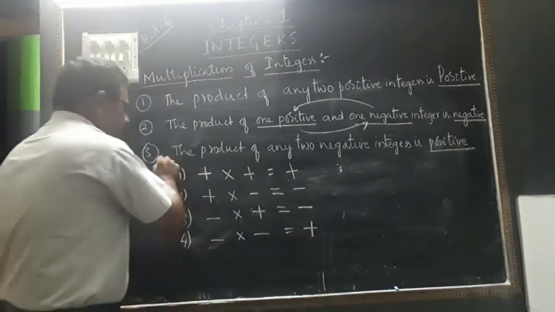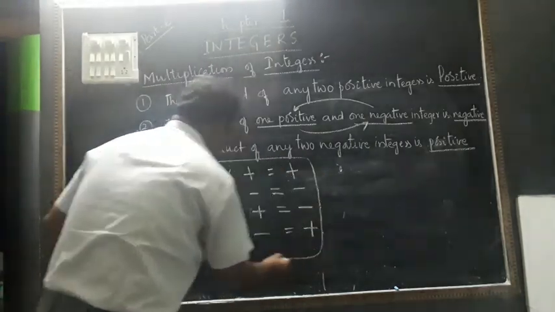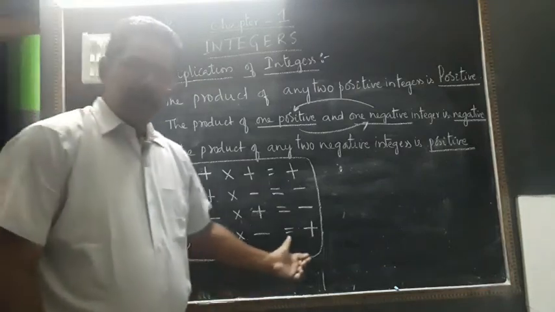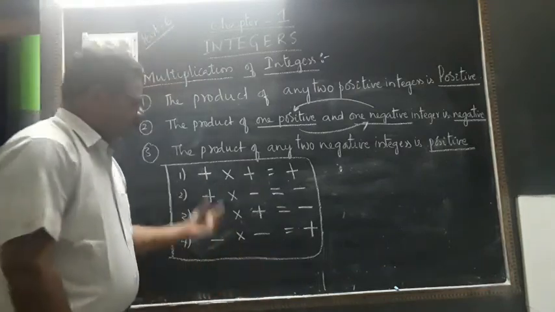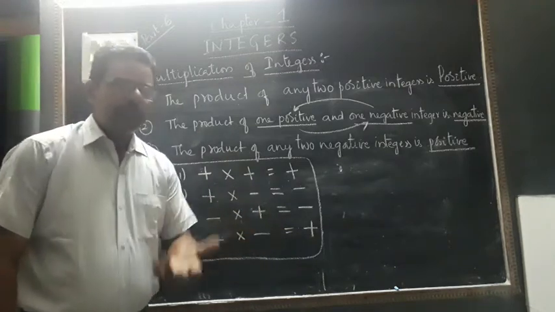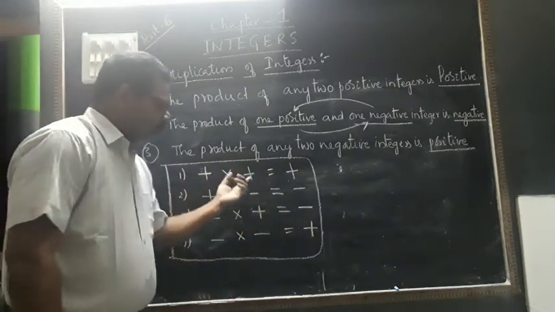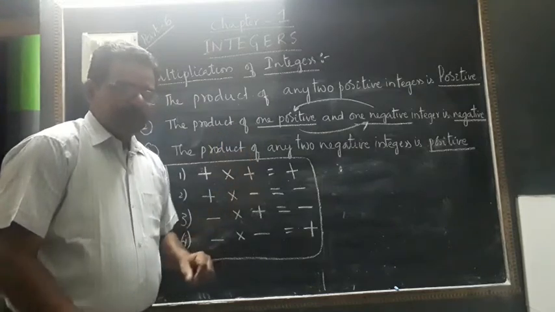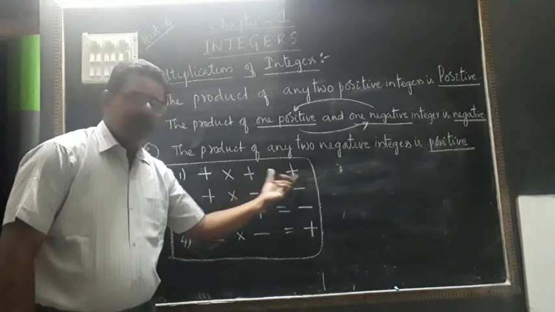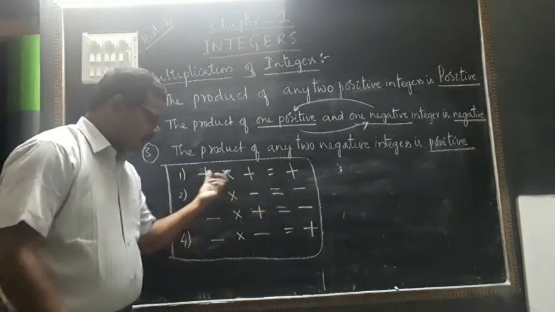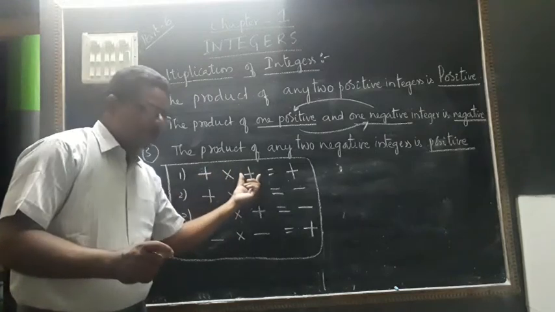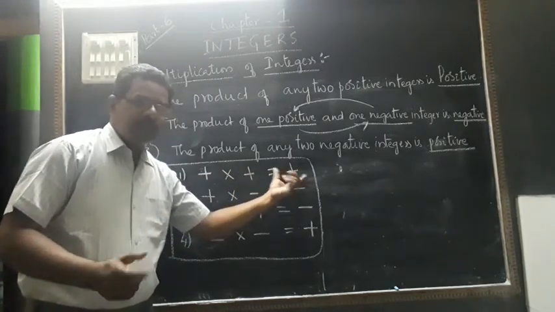So these 4 formulas you have to remember while multiplying the integers. We always know how to multiply, we know the tables, but you have to concentrate on the symbols. This is actually not plus into plus; a positive integer into a positive integer will always become a positive integer.